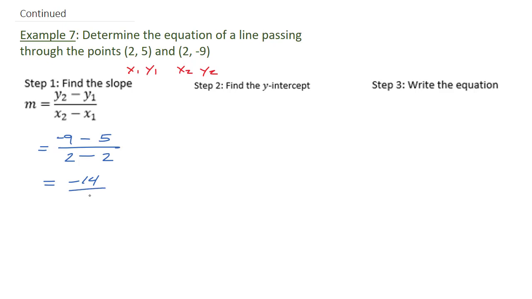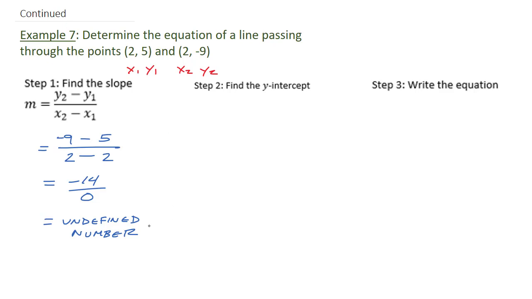On the bottom I have 0. And that causes an error when you put that in your calculator because that's an undefined number in math, okay? We can write it down, but we don't define it, because you can't have 14 parts of nothing. So that's an undefined number.